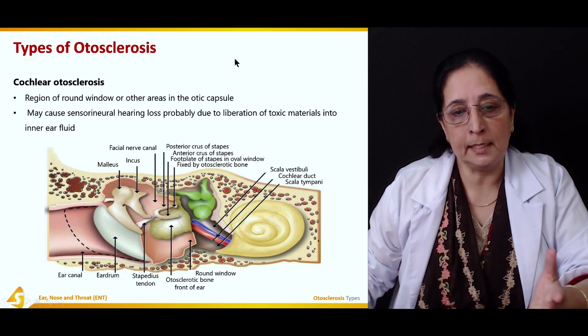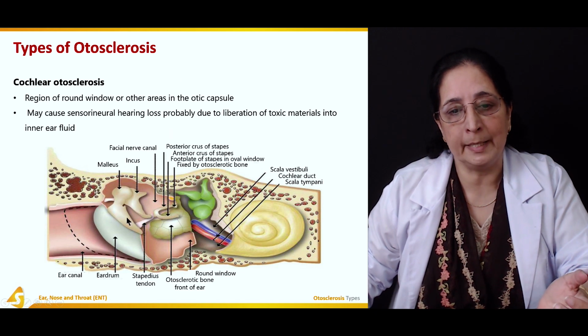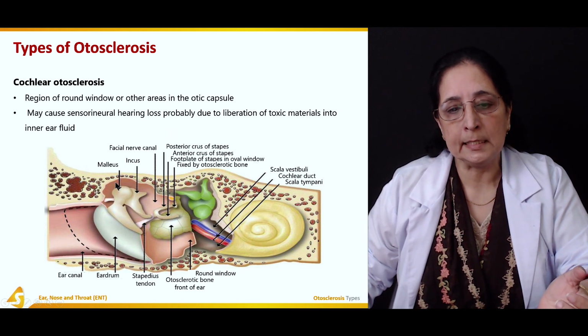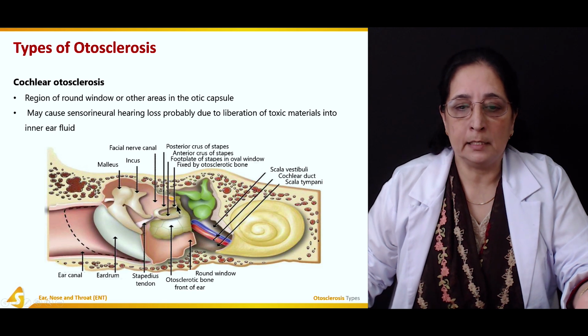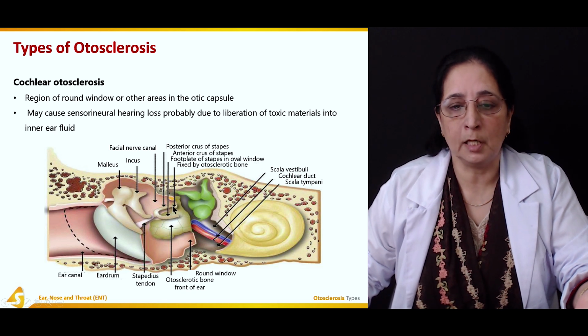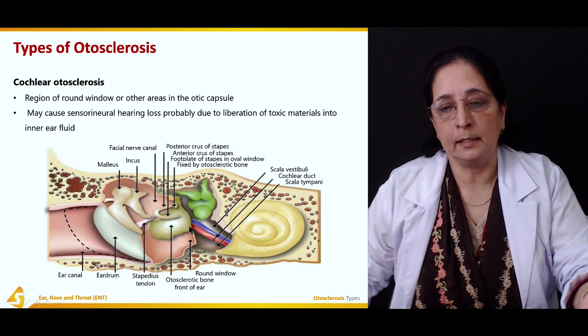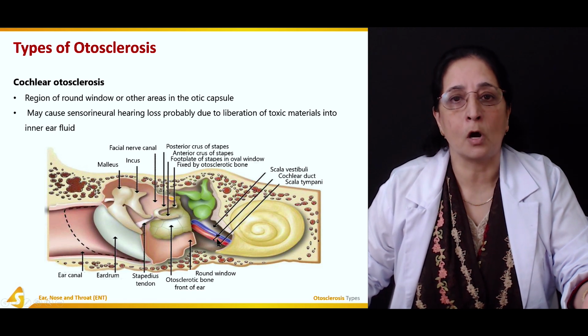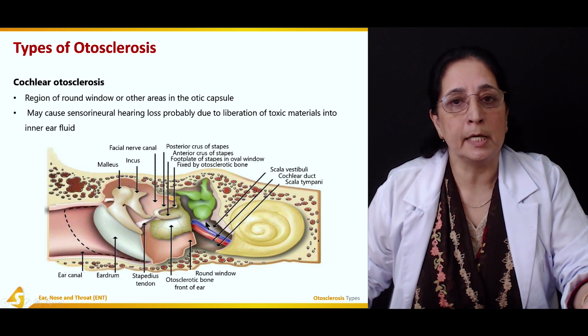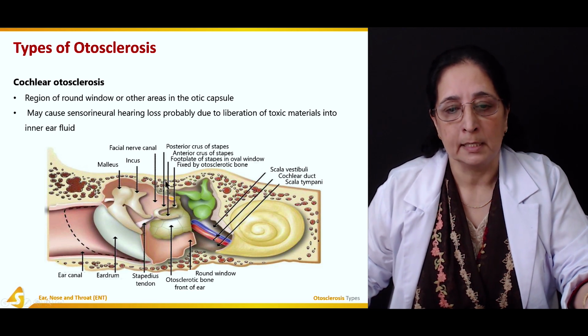So here again, these are the ossicles of the middle ear. This is the stapes, and this is the otosclerotic bone around the stapes, and it also involves the round window, and then because of that there is involvement of the cochlea and it leads to sensory neural deafness. This is the otosclerotic bone.